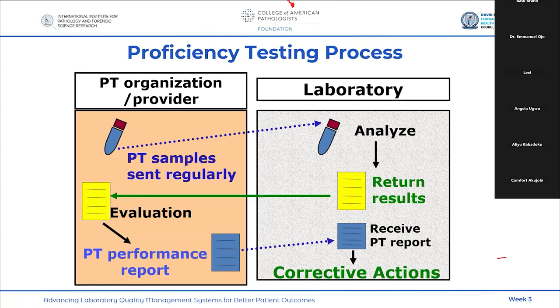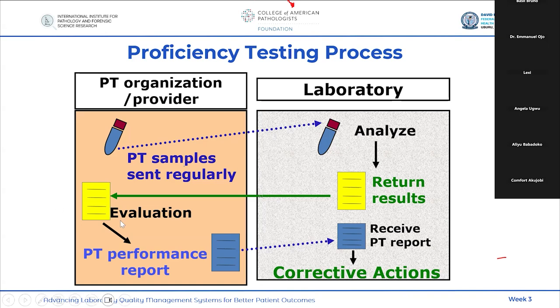Let me mention quickly at this point that the method of evaluation is either the use of what we call a reference method or a consensus method. Consensus method will mean pulling together all the results submitted by different labs, calculating the mean and standard deviation, and knowing which lab is actually not within that range.